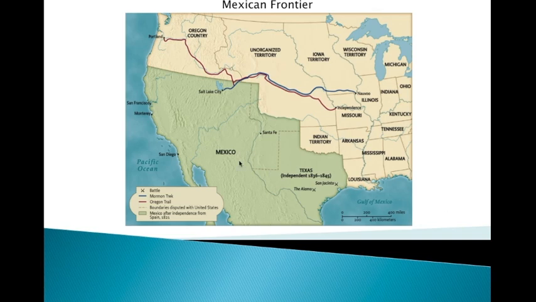This area in the green is all land that used to belong to Mexico. But prior to belonging to Mexico, it belonged to Spain. But Mexico won its independence from Spain in 1821.